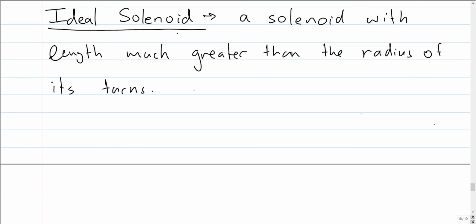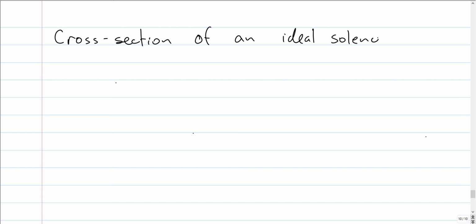And so let's give that a sketch. Let's draw a cross section of an ideal solenoid and see if we can learn anything interesting about it. I'll just move on to the next page to give my drawing enough room. The cross section of an ideal solenoid would look like this.